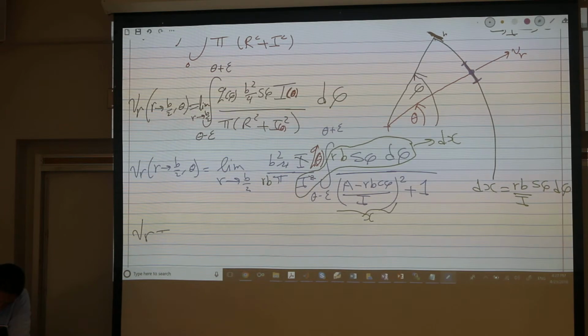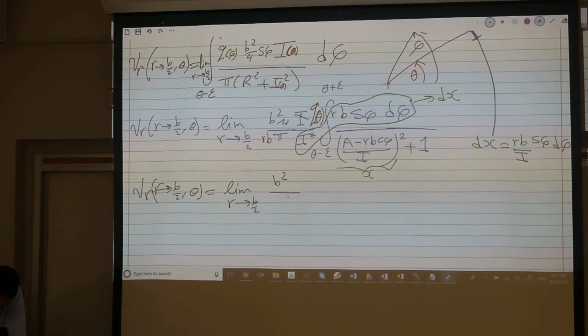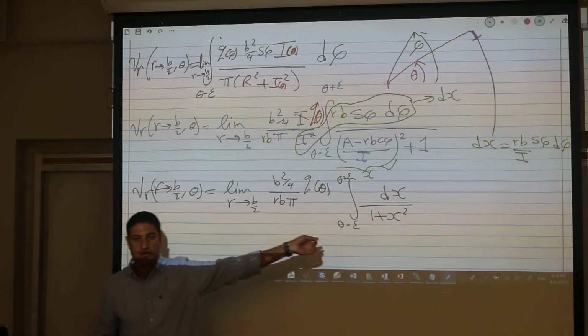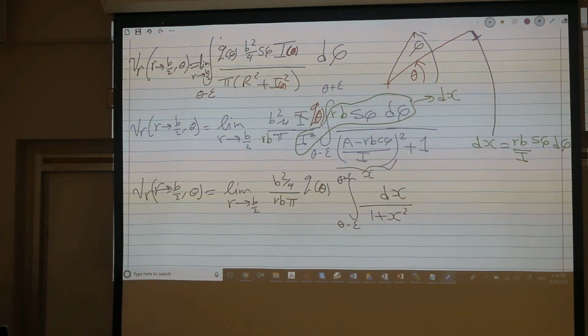So the integral will be the limit r goes to b over 2, b squared over rb pi, q of theta, integration theta minus epsilon, theta plus epsilon, d chi over 1 plus chi squared. This is a very easy integral. Anybody remembers the integral of 1 over 1 plus x squared? Remember? Tan inverse. So this is tan inverse, I am between limits. Okay.